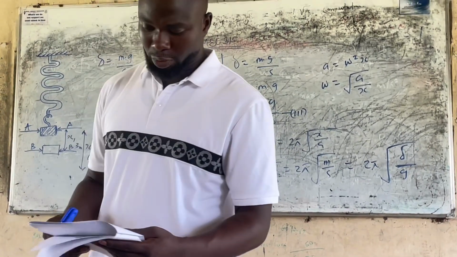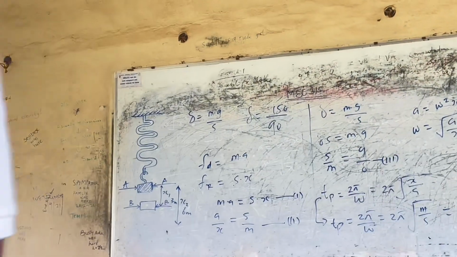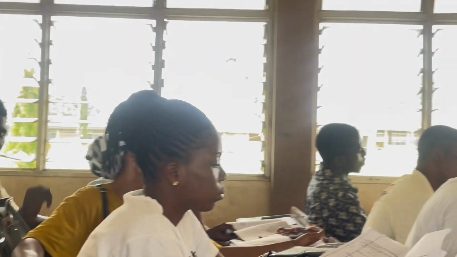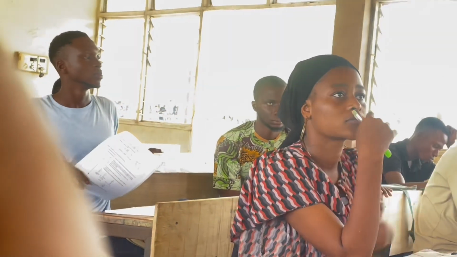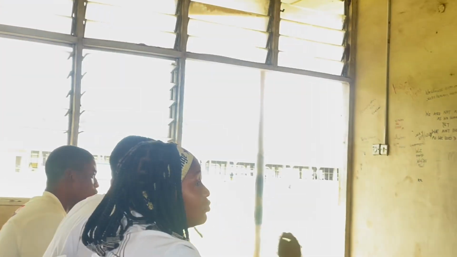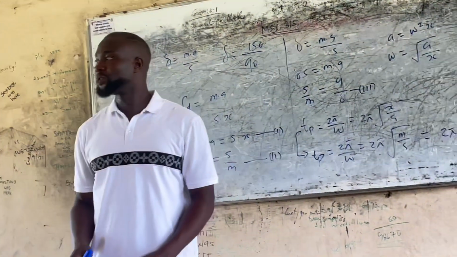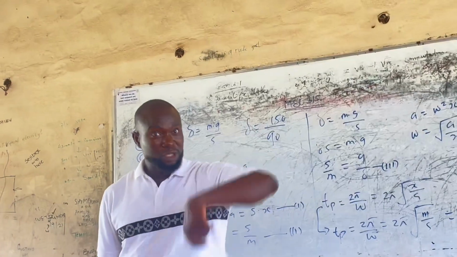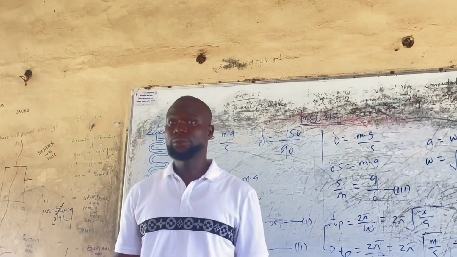I think we should solve one example here, then I move to the exam question. I said let's solve one example now, then I will move to the exam question that I said I want to solve. I don't think I need to even solve that one. With all these things I've done in class, I don't need to solve it. With everything I've done in class, if you are brilliant, you cannot fail the question.